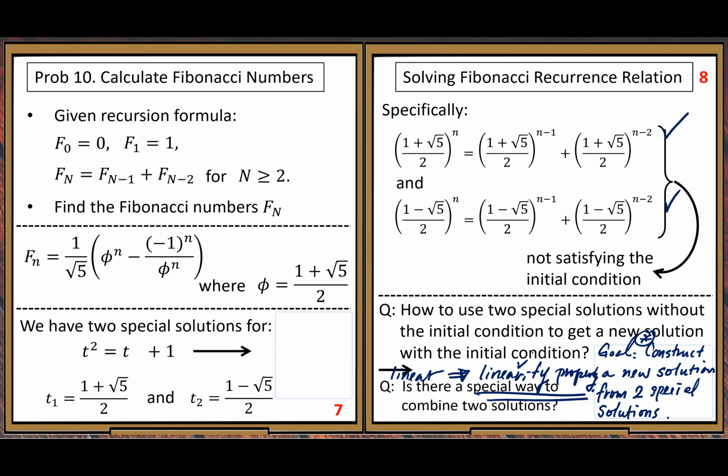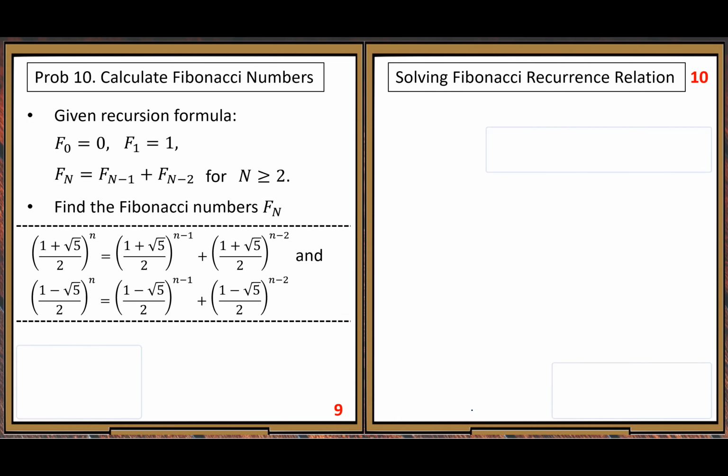Taking advantage of the linearity property, we can combine two solutions in a special way. The combination is called a linear combination. In math, we frequently do this kind of combination.